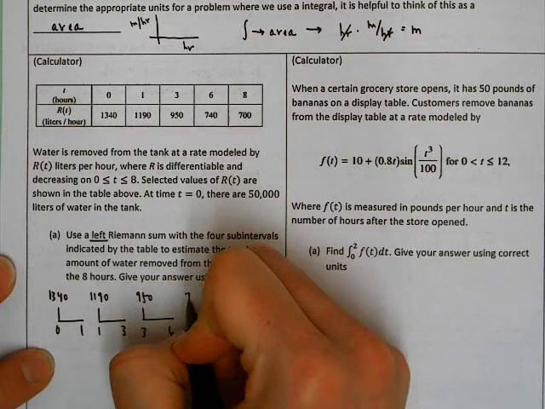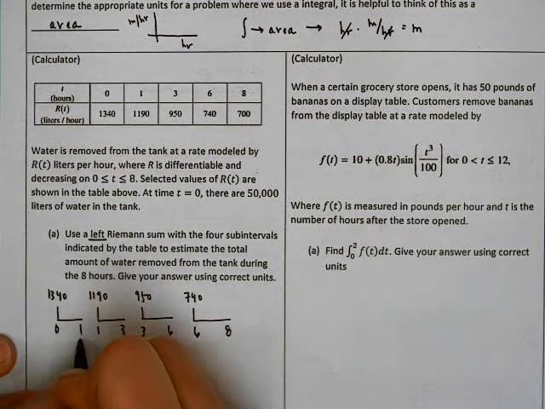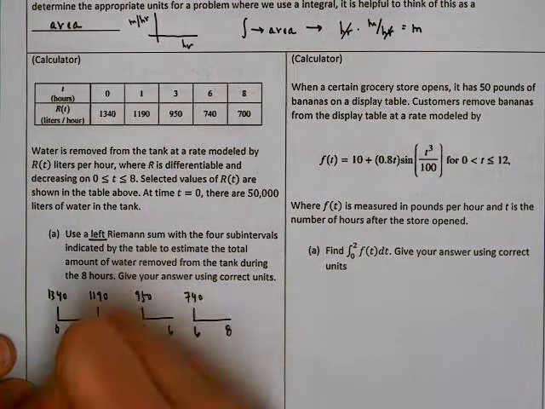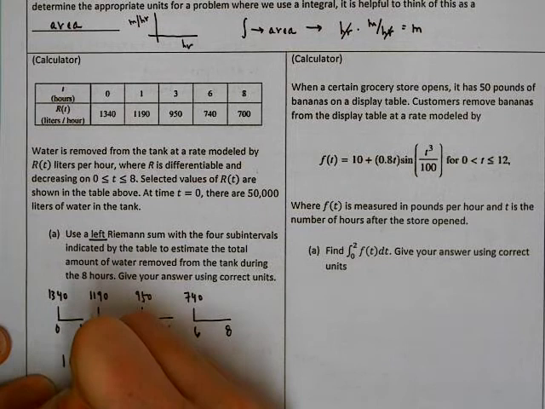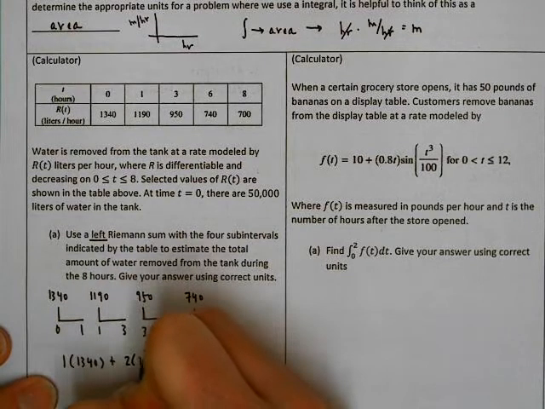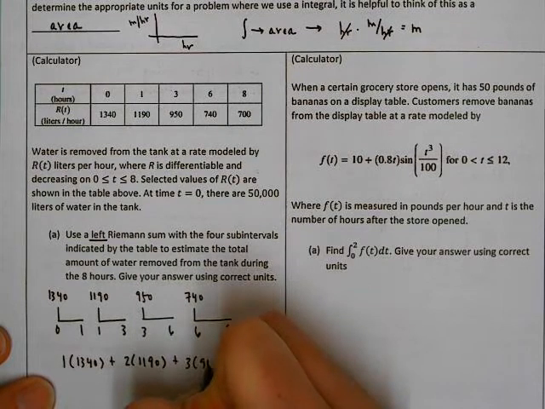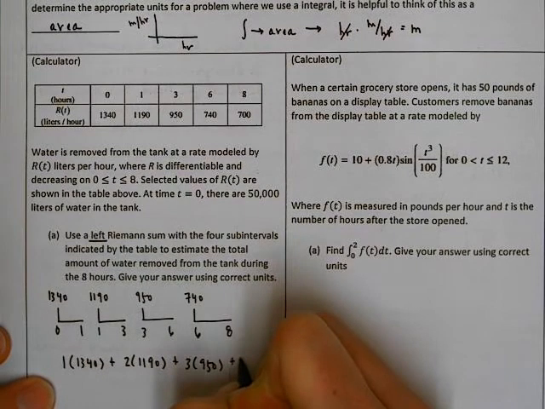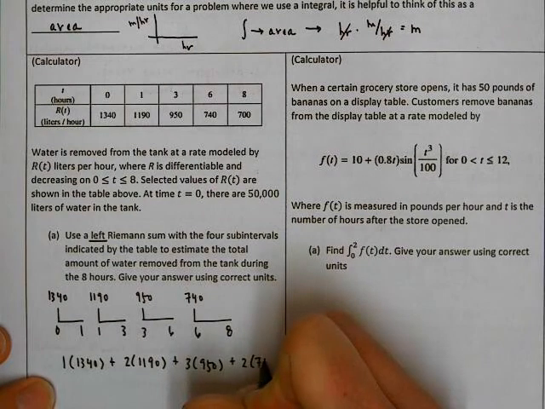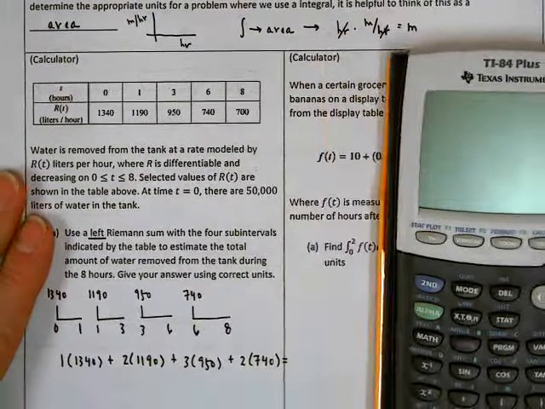And 6 is 740. So now I'm going to take my base times my height for each subinterval. So I have 1 times 1,340 plus 2 times 1,190 plus 3 times 950 plus 2 times 740. And then we're going to use our calculator to total those up.